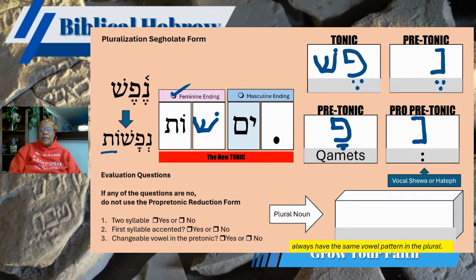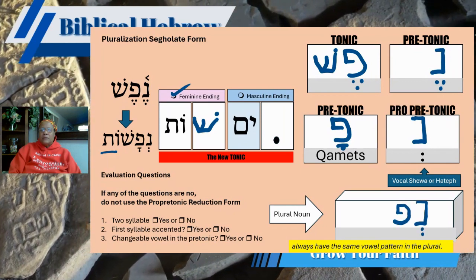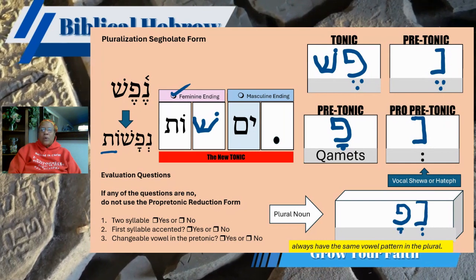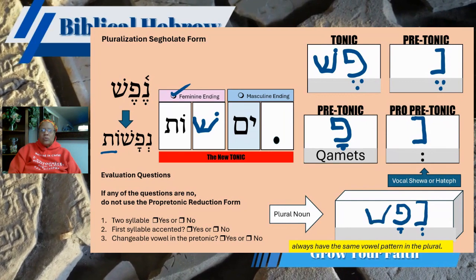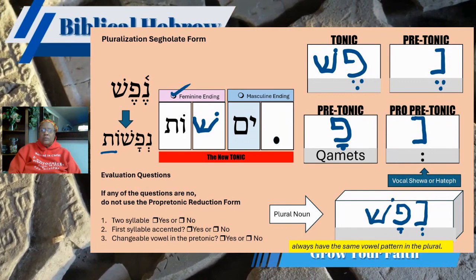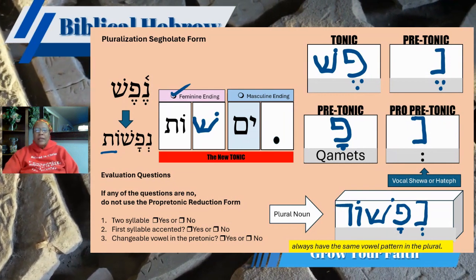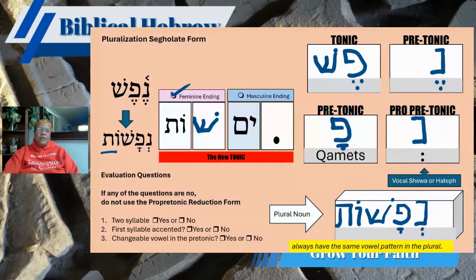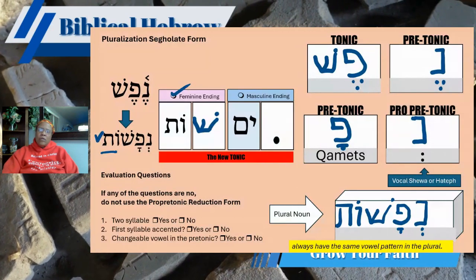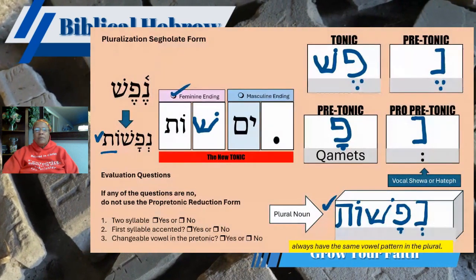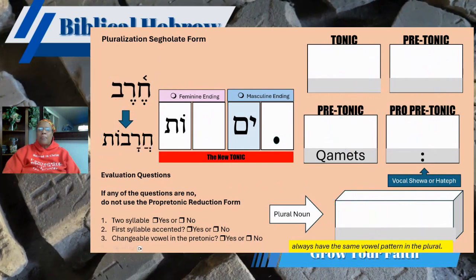Okay, and I'm going to rewrite it with this pointing, nefashot, and a begadkefat letter tav. And looking at my lexicon over on the left, it works out.